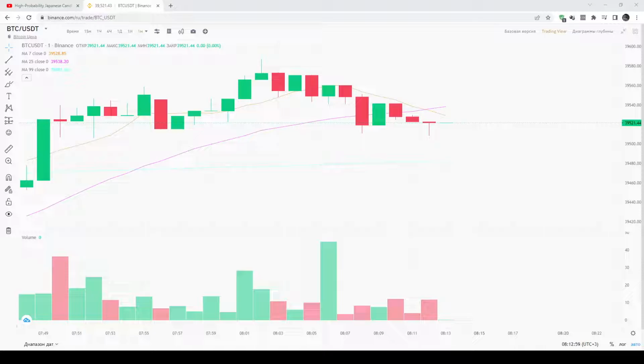The third pattern is the morning star. The morning star pattern is considered a bullish reversal pattern. It often occurs at the bottom of a downtrend, and it consists of three candlesticks. The first candlestick is bearish, which indicates that the sellers are still in charge.